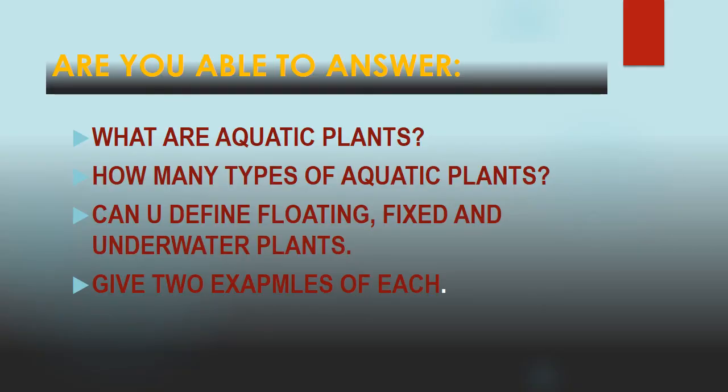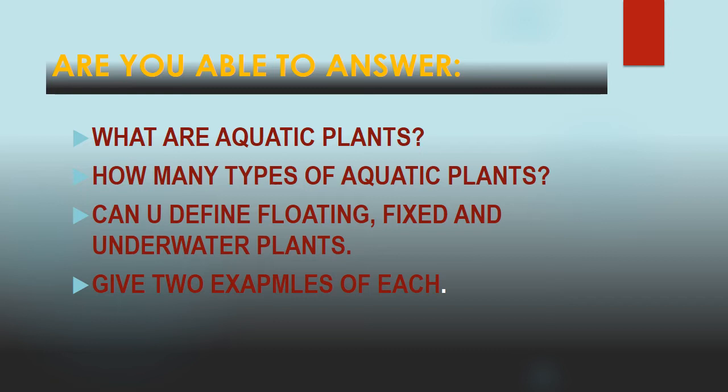So students, that is all about aquatic plants. Now what you have to do, you are going to read page number 6 thoroughly. You have to underline the main points, and I'm sure after watching this video and after reading the chapter thoroughly, you would be able to answer: number 1, what are aquatic plants?